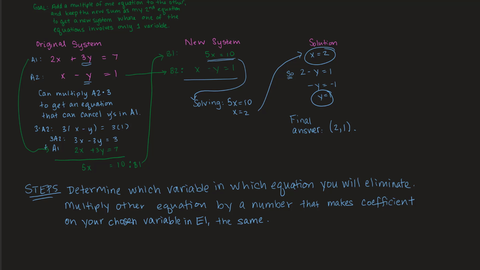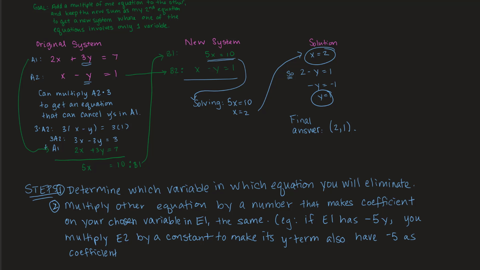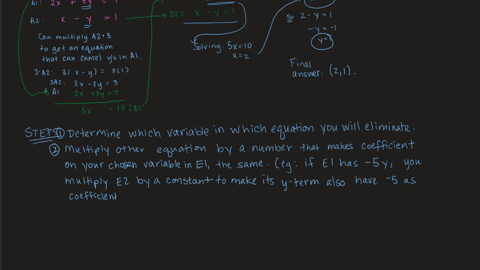So as an example, if equation 1 has negative 5y, you multiply equation 2 by something so that it has negative 5y, or positive 5y if you want to do adding. The third step is to add or subtract the two equations to get a new equation to replace equation 1 that only has one variable.